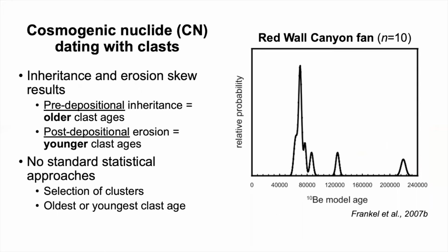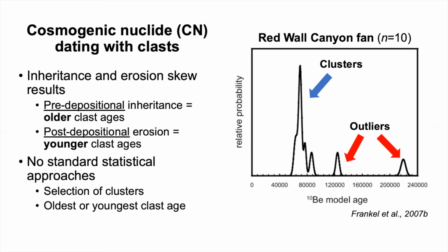On the other hand, post-depositional erosion of a landform removes material from its surface, exhuming samples that have a younger apparent age. There are no standard statistical approaches to the treatment of outliers resulting from inheritance and erosion. In this example from the Redwall Canyon fan, Frankel et al. identified a cluster of similar ages as the true surface age and removed older outliers that had a high inherited nuclide concentration.